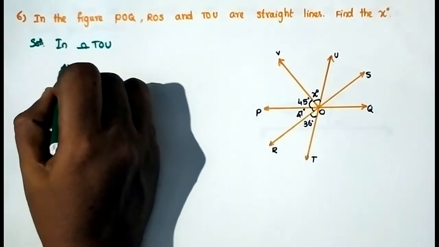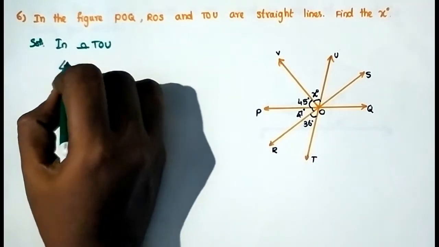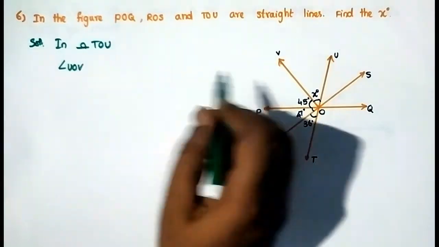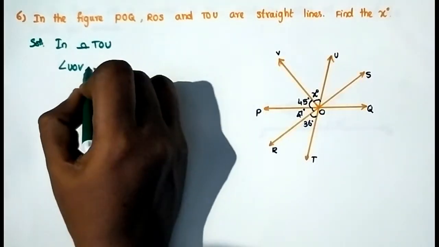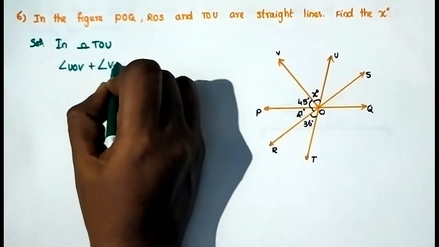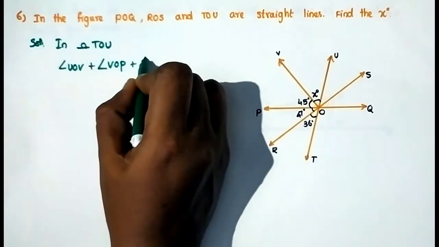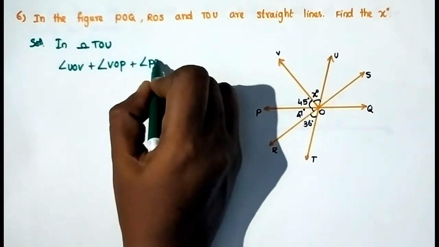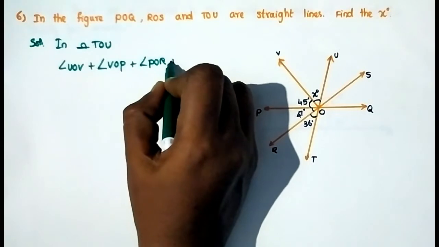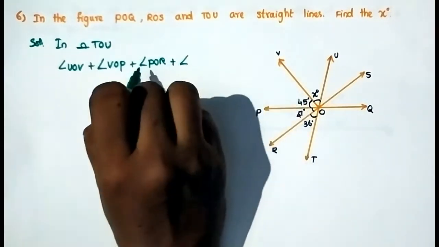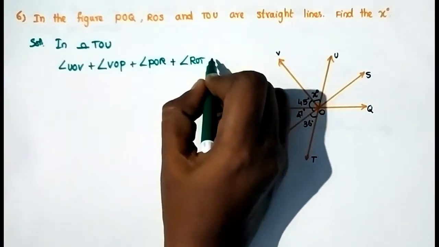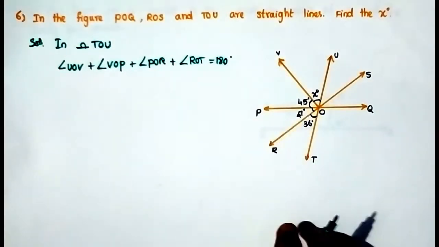So angle UOV plus angle VOP plus angle POR plus angle ROT equal to 180 degrees.